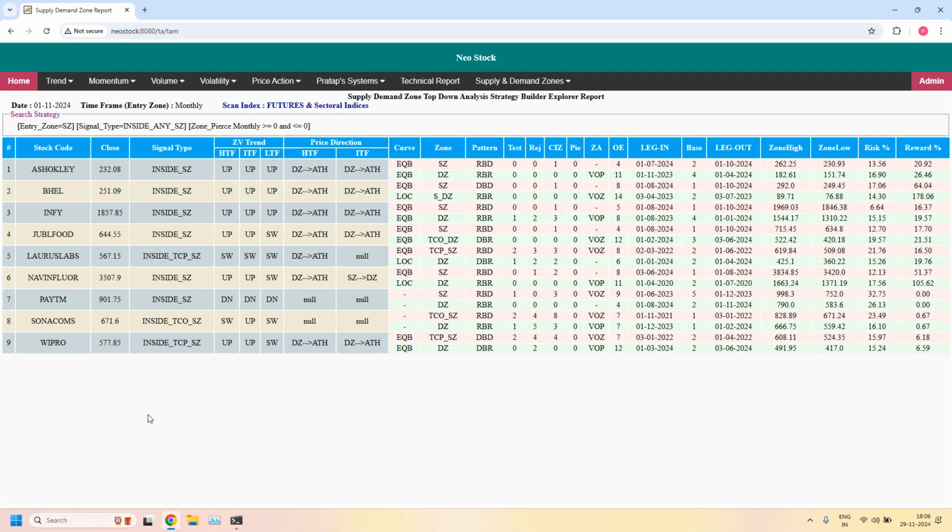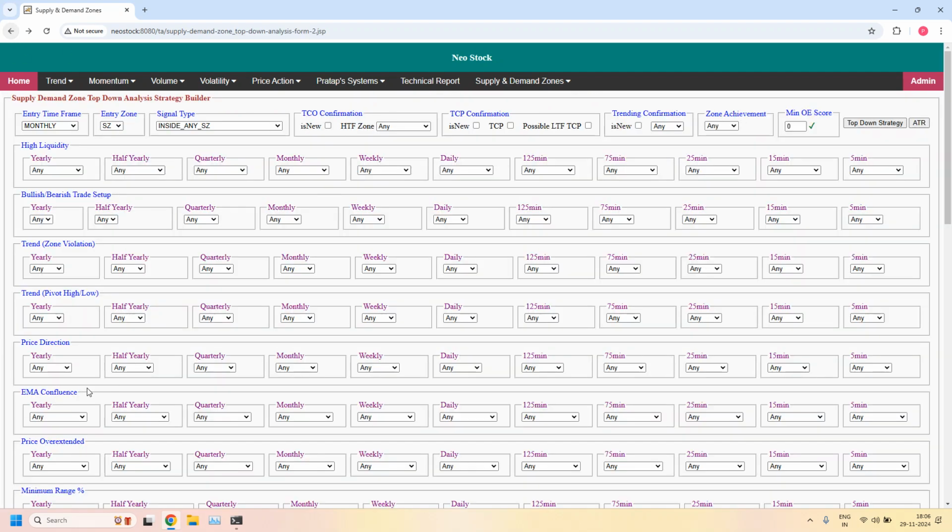In these 9, a few zones might be having EMA Confluence. Let's verify. So in the EMA Confluence monthly time frame, monthly supply zones are having monthly EMA Confluence. But EMA Confluence makes sense only in the trending, but not sideways. So we have to eliminate sideways based zones.